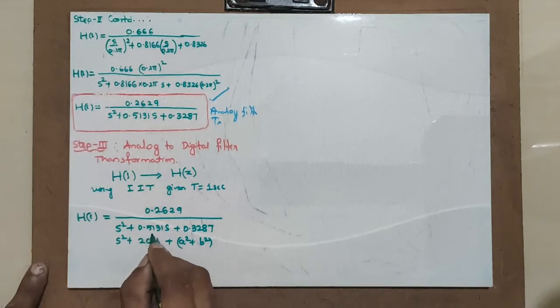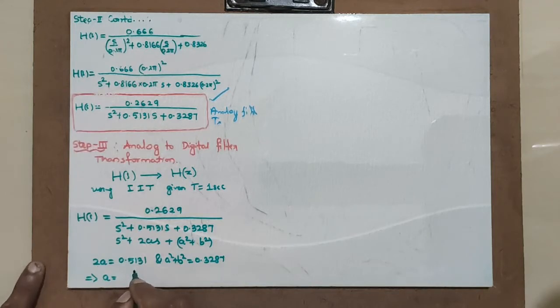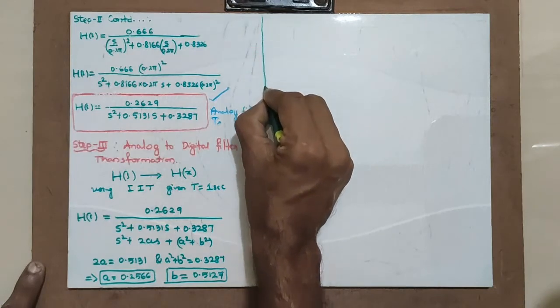If you compare these two equations, 2a becomes equal to 0.5131 and a square plus b square comes out to be 0.3287, isn't it? This implies a becomes 0.5131 divided by 2, which is 0.2566. Substitute the value of a here and you will get the value of b. B value comes to be 0.5127. You can take your calculator and work it out. Let us go to the next.